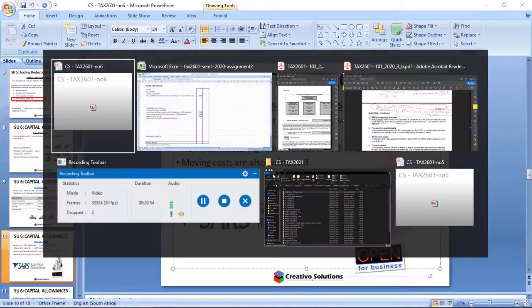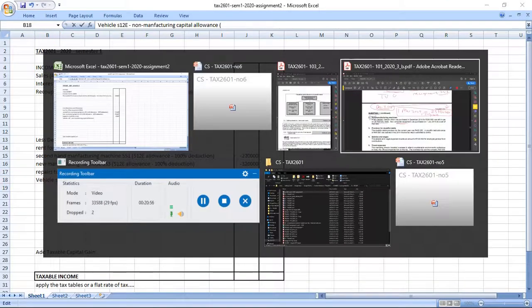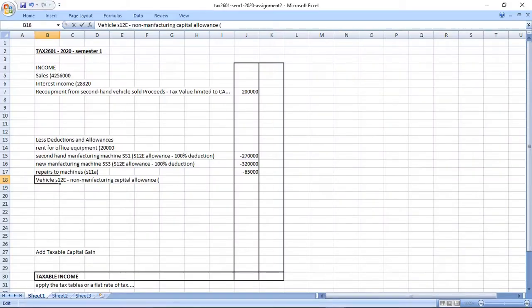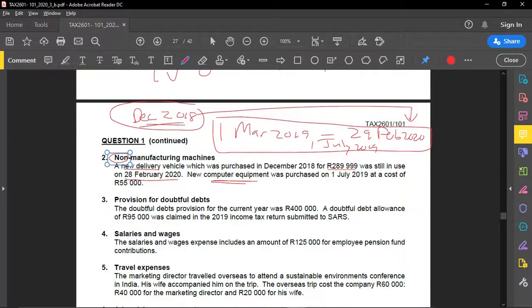So go back this page. 289999.28 times 30%, close brackets. So that deduction that would be applicable to this financial year would be negative 289999 times 0.3, 30%.